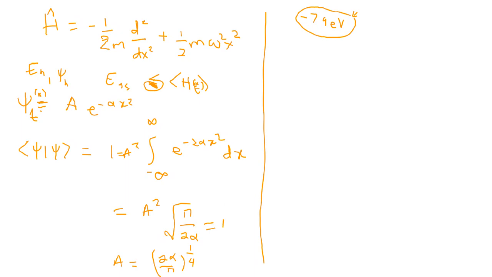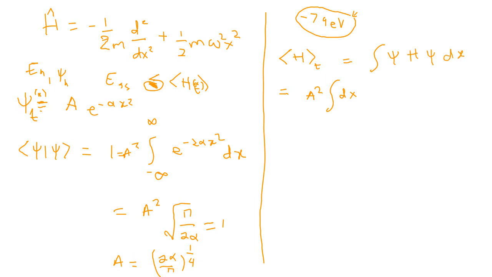Then you take this trial function and find the expectation of H using this trial. So A squared will come out. Remember that the expectation value of any operator is just the integral of psi H psi dx.